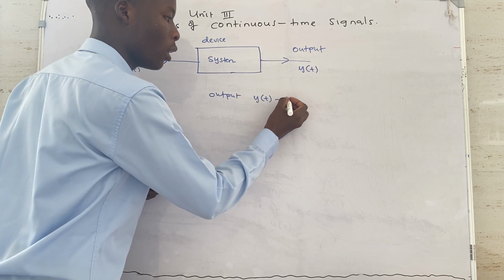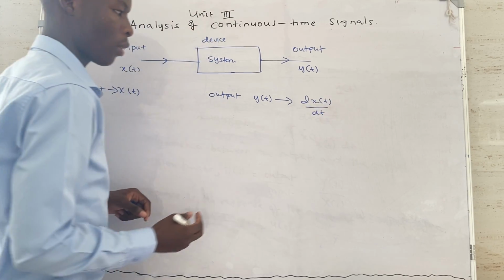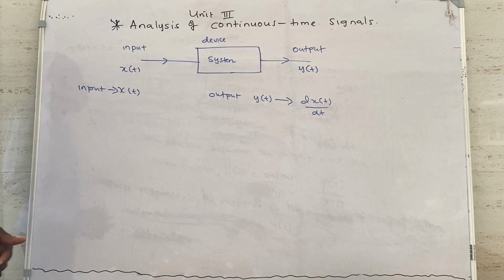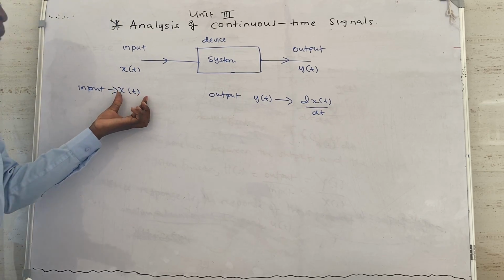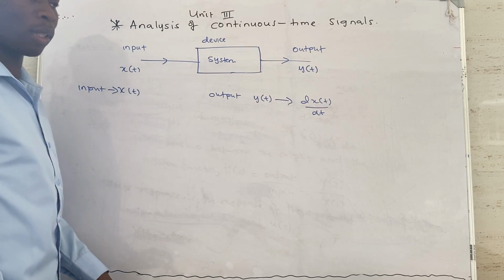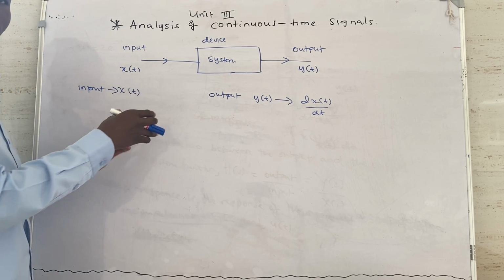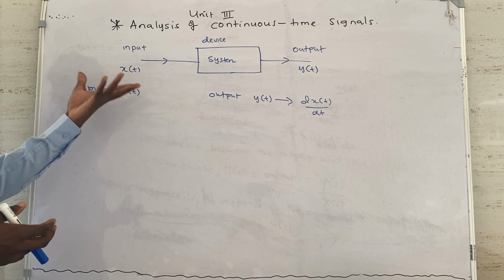This y of t is nothing but dx of t by dt. So this is the input and this is the output. Now what type of system is this one? Is this an integrator? An addition system?